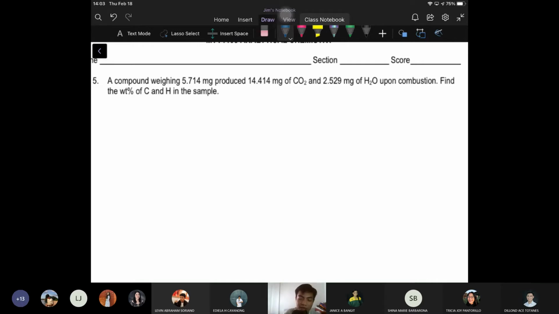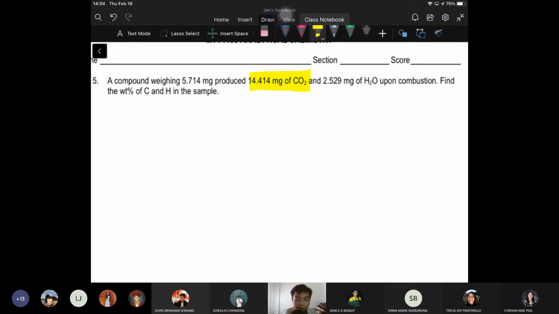Okay. Since we have an idea that this is a combustion reaction, how do you find the carbon from your sample? You can determine the mass of the carbon from your sample using the mass of CO2 produced, because as I said earlier, all the carbon becomes carbon dioxide.